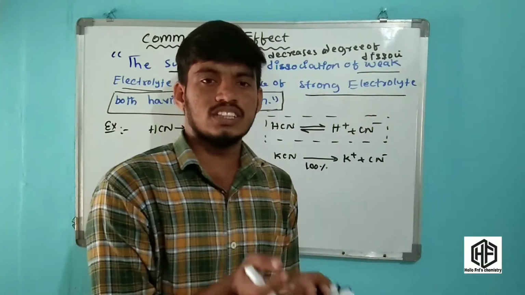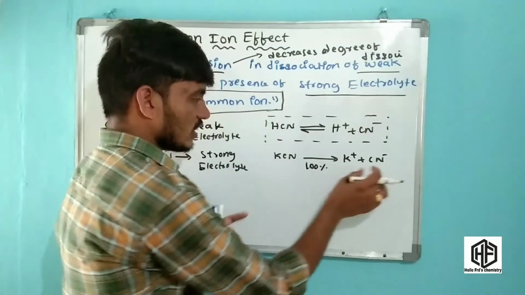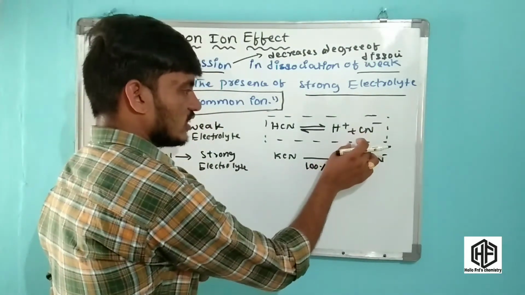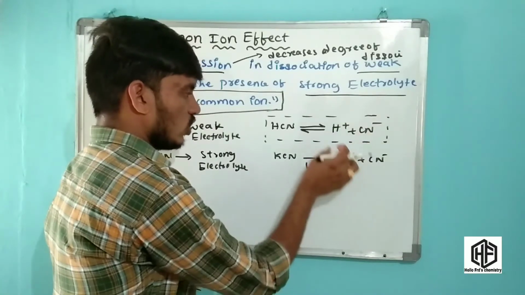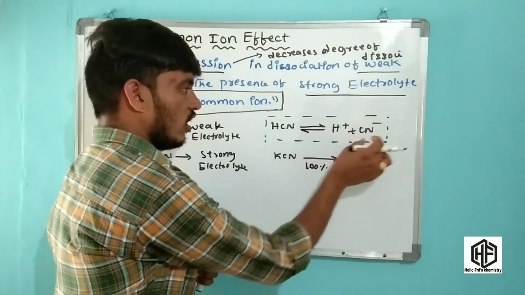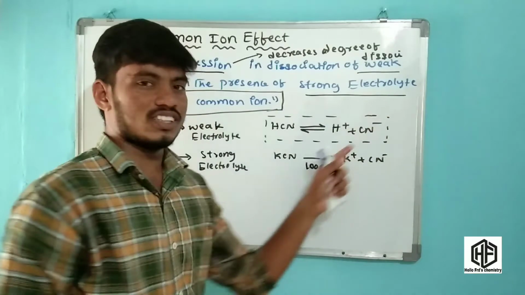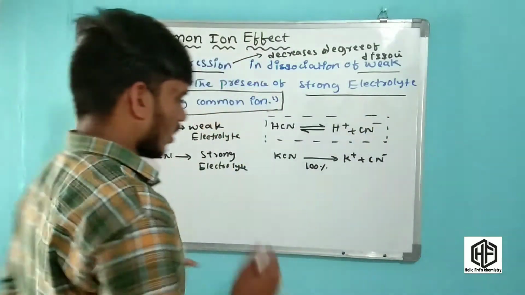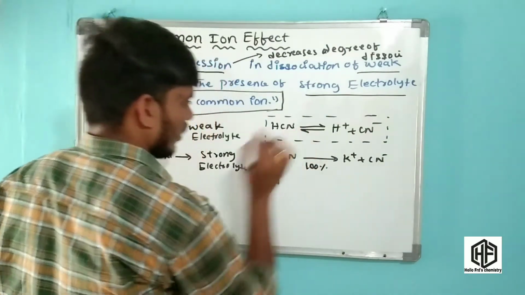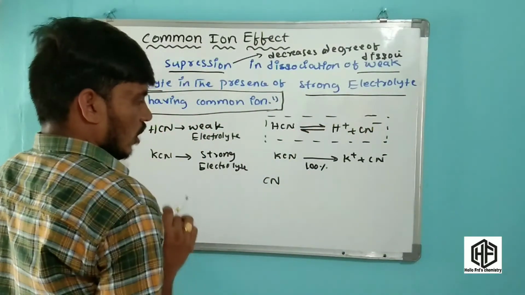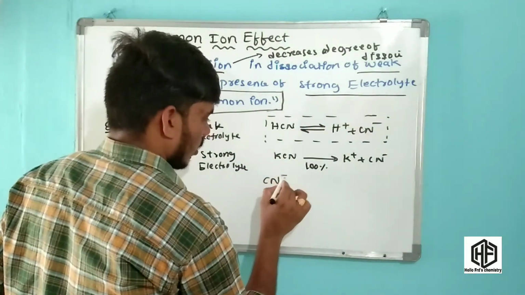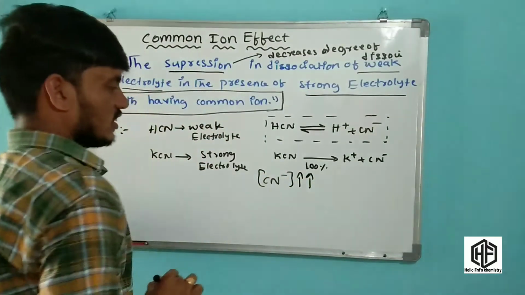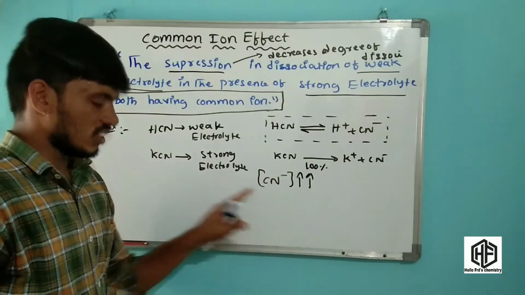Now the CN minus ion concentration increases in the equilibrium solution.